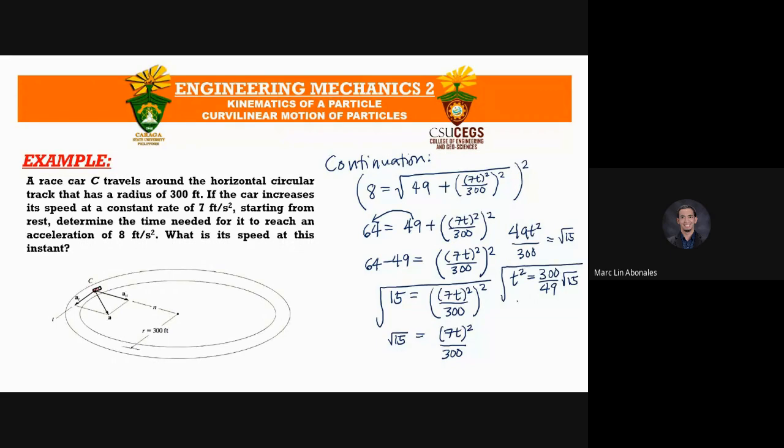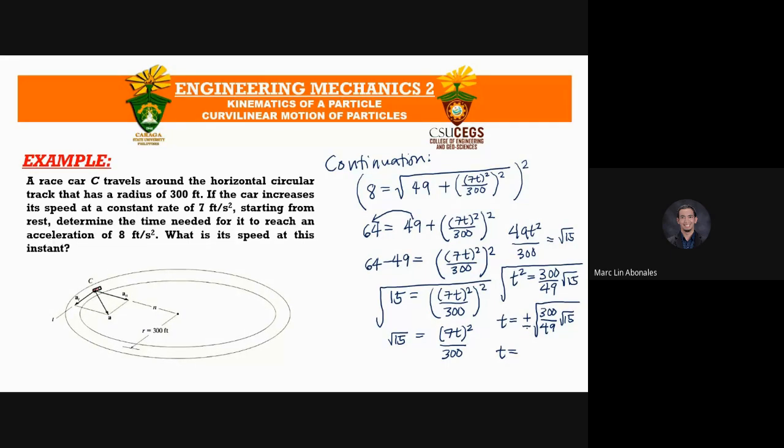Di ba kung square root, ang answer niya is a positive and a negative. So that is the square root of 300 over 49 times the square root of 15. And since we're talking the time, ang atong gamiton lang is a positive value because time is always a positive. So every time mag-square root ka, kung nakay two values, positive and negative, positive always ang imong time.